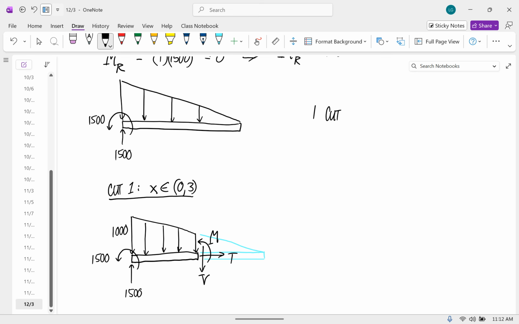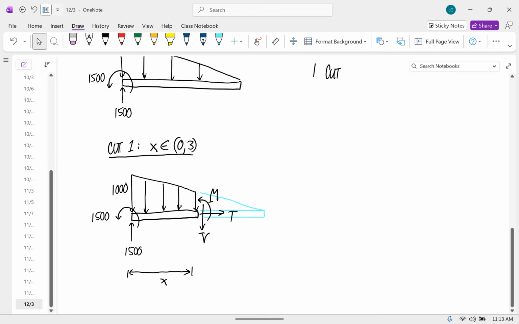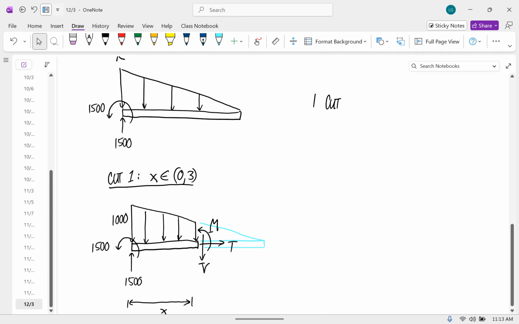Okay. So how are we going to figure out the height of that line at our value x? So this whole length of this cut is x. Well, we can calculate the equation for this line. So again, we're going to do this as mx plus b.